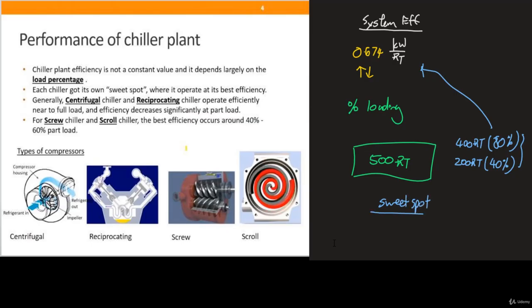But usually a chiller will not operate efficiently if you are running at very, very low load. For example, if you have a 500 ton chiller but you only use it to provide 50 tons of cooling, which is 10%, you'll be quite sure that this chiller will not be operating efficiently at 10% loading. That is the meaning of chiller efficiency being affected by the percentage loading.